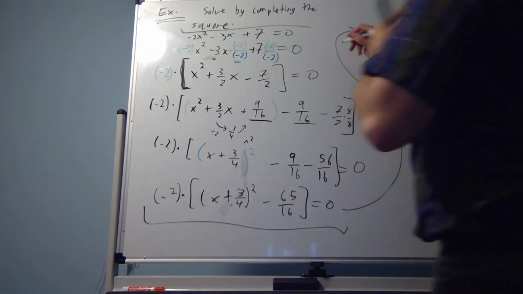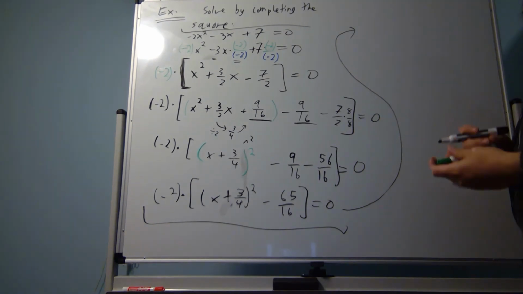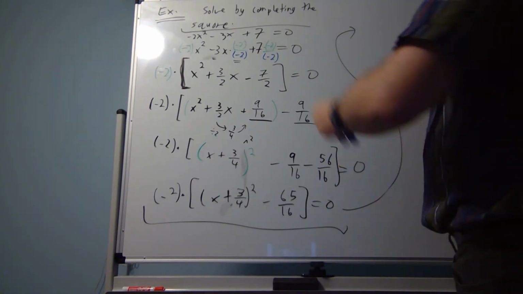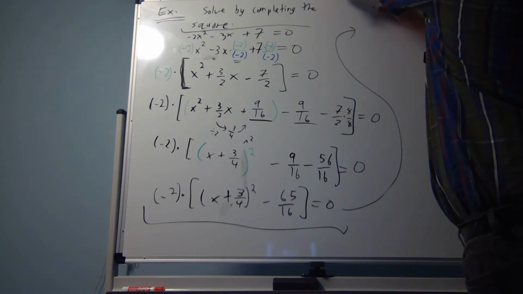That's completing the square, and then actually solving the equation is a little bit of a follow-up step. So now we can divide by -2 if we want.